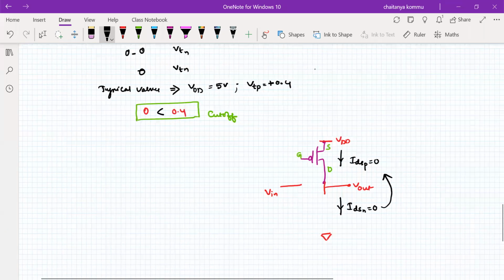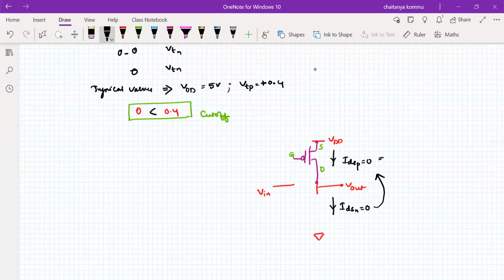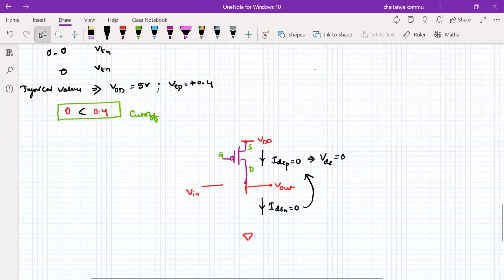Now this leads to the drain to source voltage of this transistor becoming 0, which means that the drain potential is equal to the source potential. What is the drain potential here? The drain potential is actually Vout.